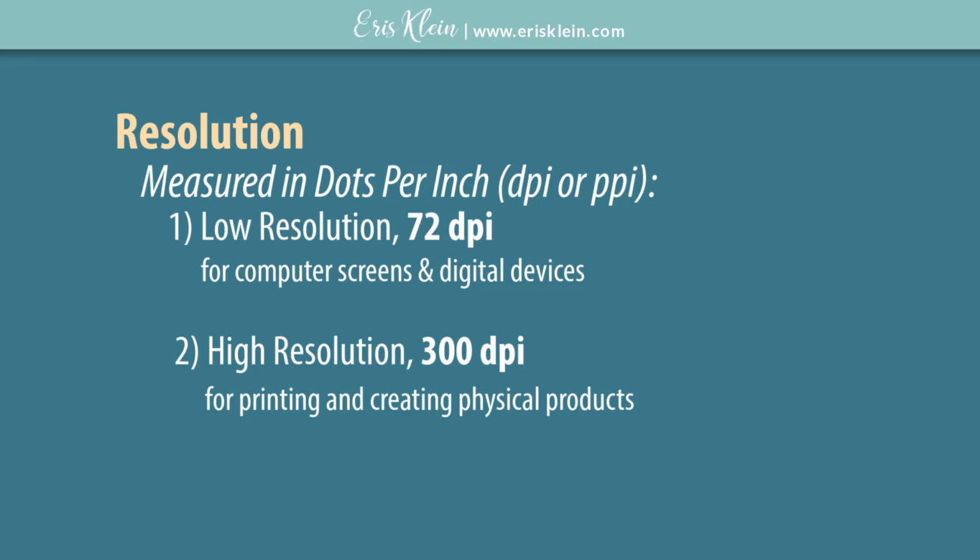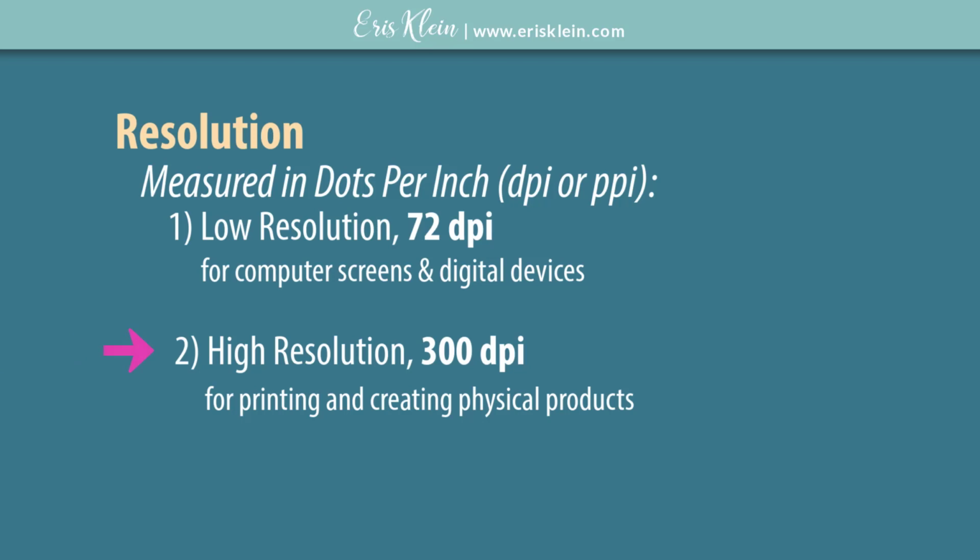Okay, now the 2 things you need to know is low resolution and high resolution. And low resolution is what the web and computer screens and mobile devices and all that digital stuff uses. And that resolution is generally always 72 DPI. And then if you're going to print something, printers will ask for 300 DPI.